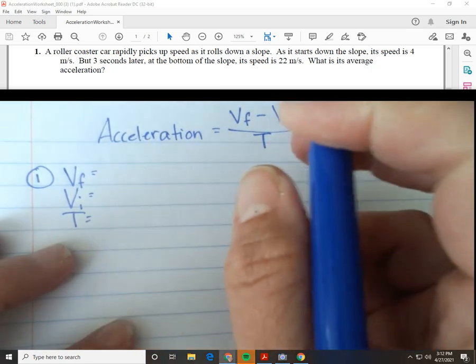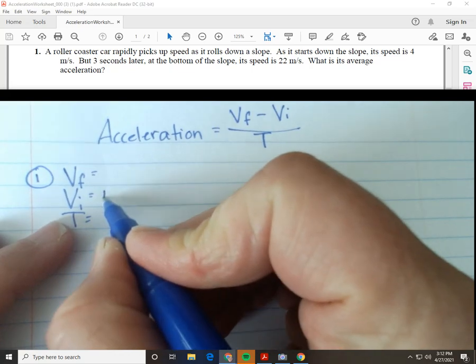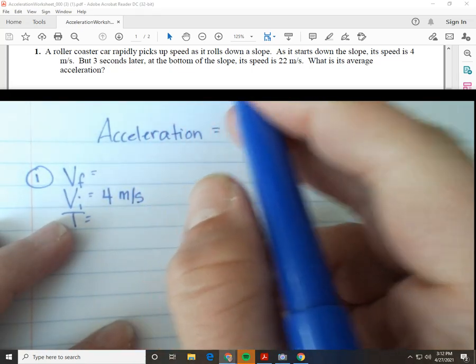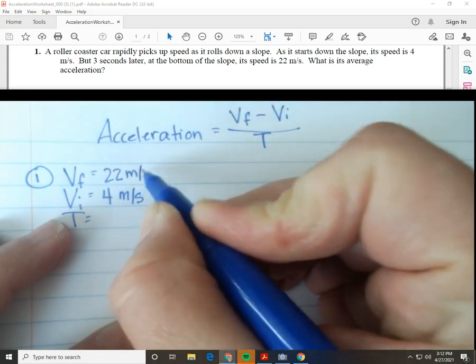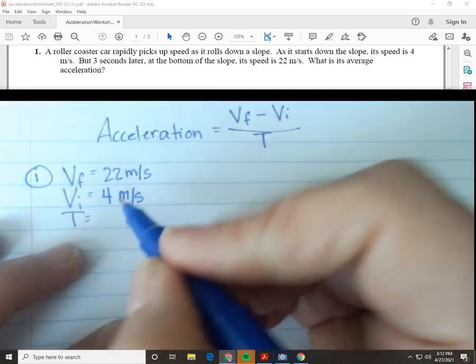So as it starts down the slope, its speed is 4 meters per second. So that's the initial velocity. At the bottom of the slope, its speed is 22 meters per second. So for what we're considering, that's going to be the final velocity. And it took 3 seconds to get there.